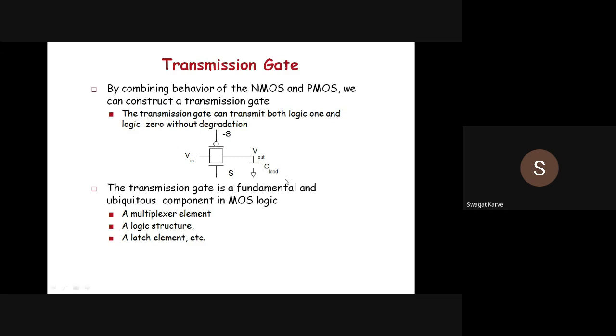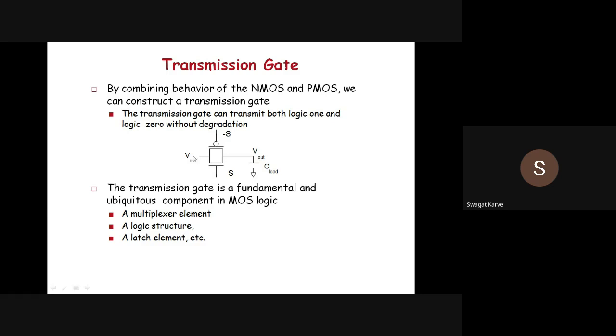You can see this is the symbol of the transmission gate, right? So at the top side you have the PMOS, and at the bottom side you have the NMOS, right? But obviously, as PMOS is a kind of inverter, you have to give the negative supply here, and at the bottom side NMOS you have to give the positive supply.